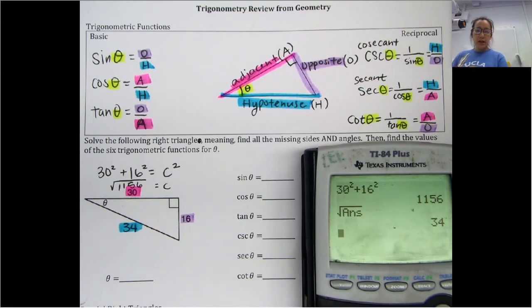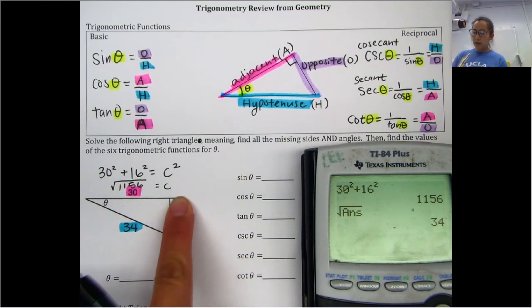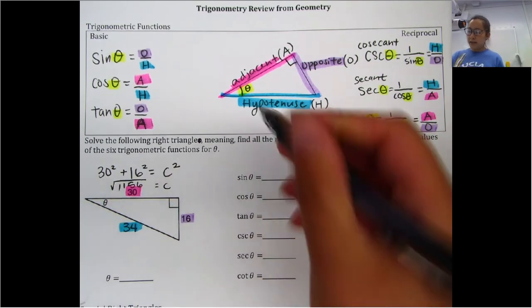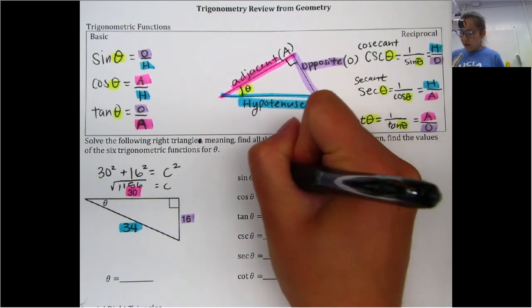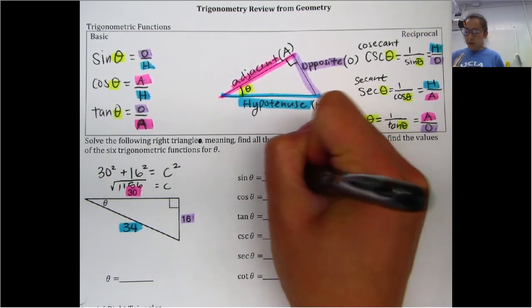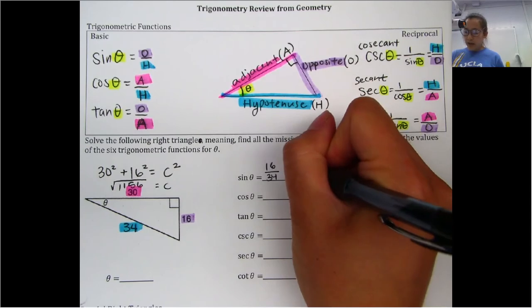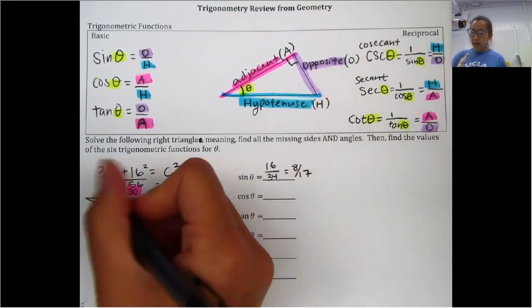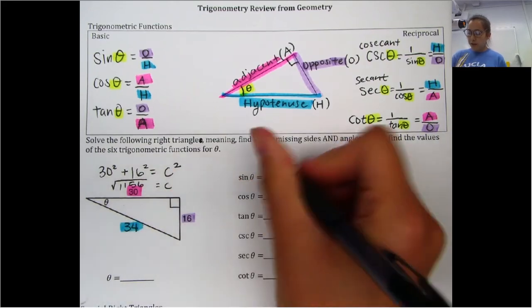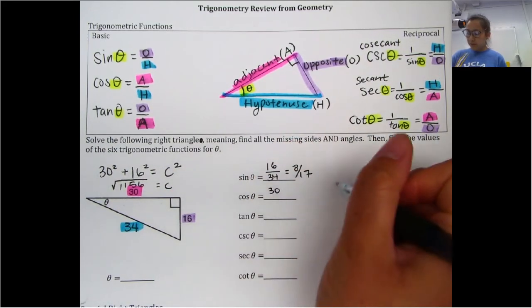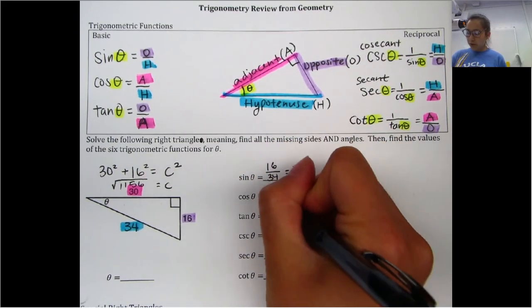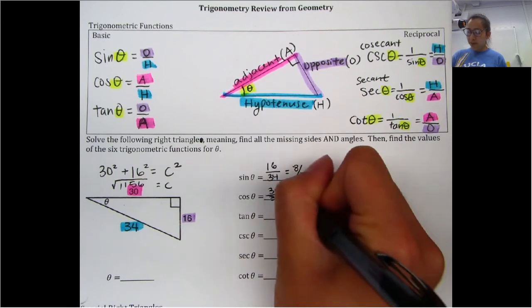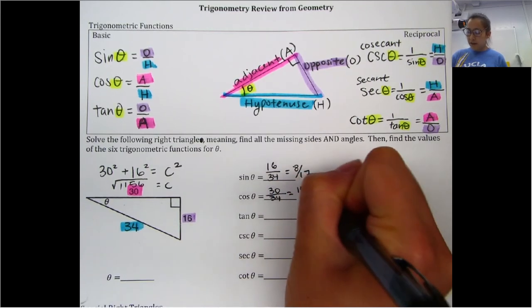Let's do each of our trig values. Sine of theta is opposite over hypotenuse, so that's 16 over 34, which simplifies to 8 over 17. Cosine of theta is adjacent over hypotenuse, so that's 30 over 34, which simplifies to 15 over 17.